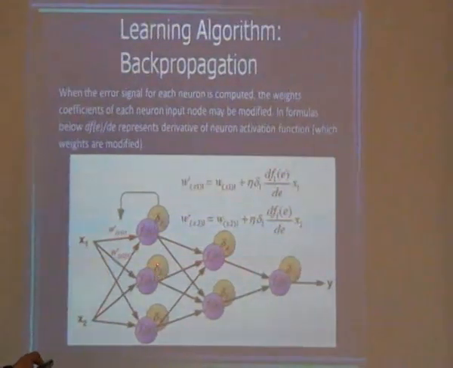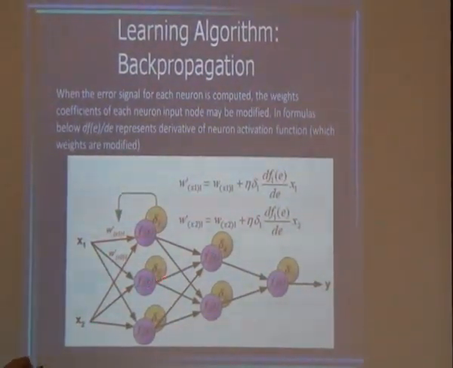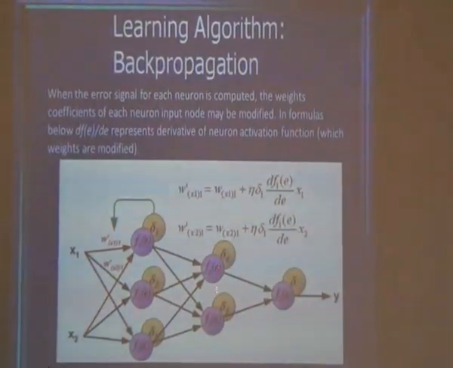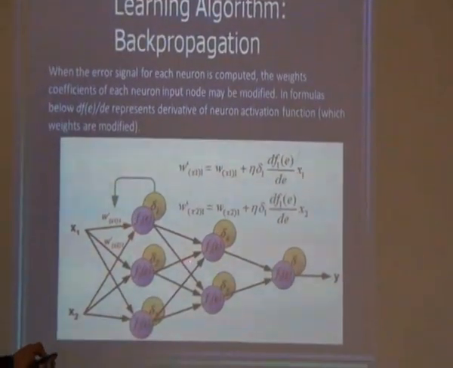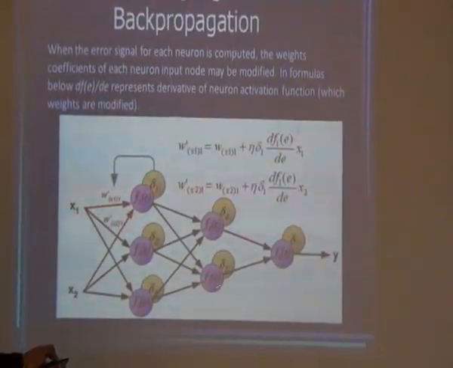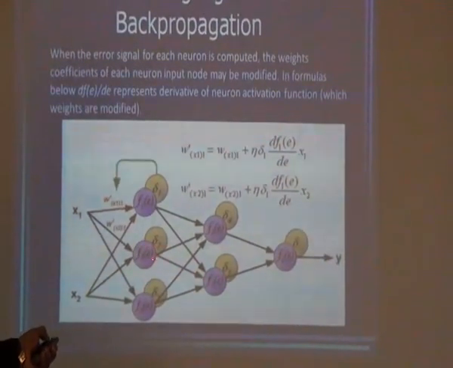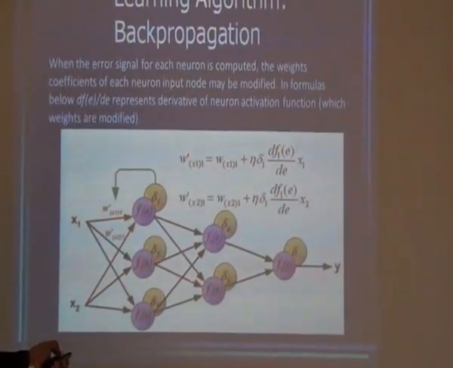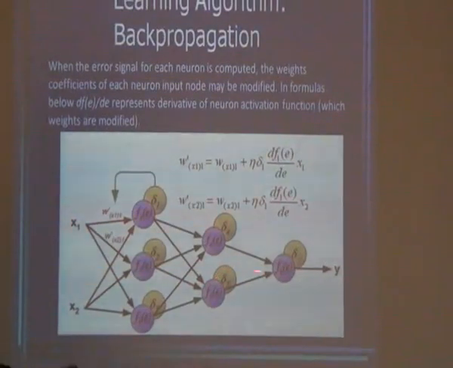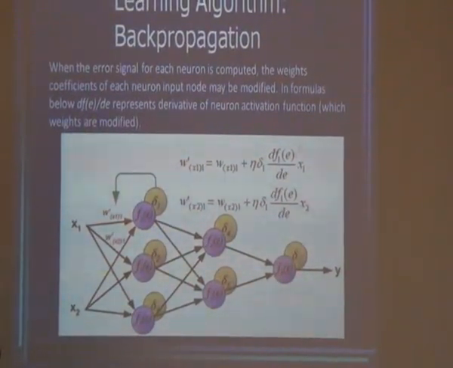The same way delta 2 is calculated from delta 4 as well as delta 5: delta 4 into w24 plus w25 into delta 5. Like this we need to calculate.